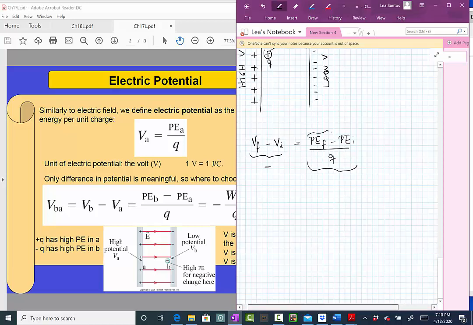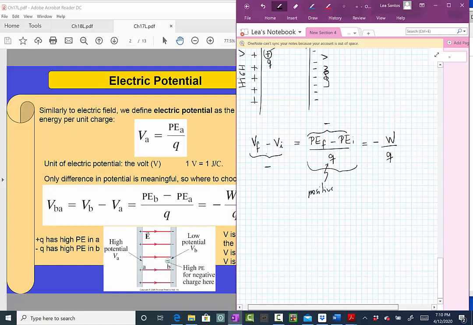So this change in potential is negative. Q is positive, we are talking here about a positive charge, so the whole thing is again negative. We wrote this change in potential energy in terms of work in the previous slide. And we said that this change in potential energy is minus the work, so in this case divided by Q.